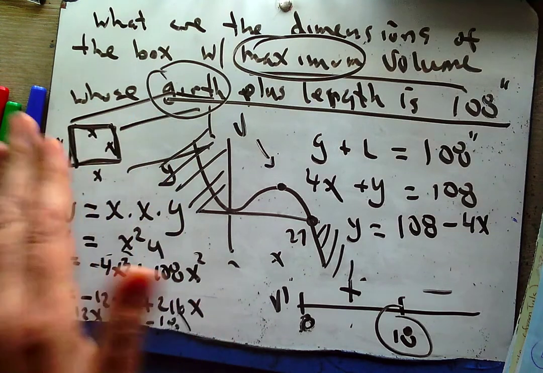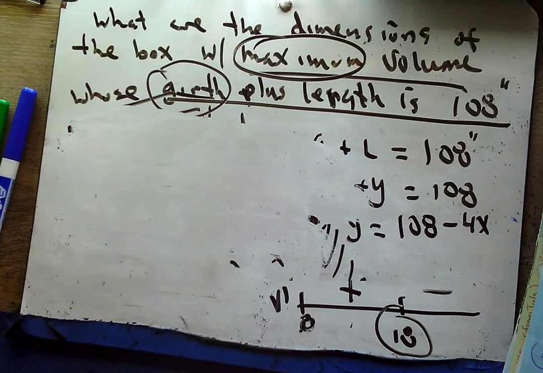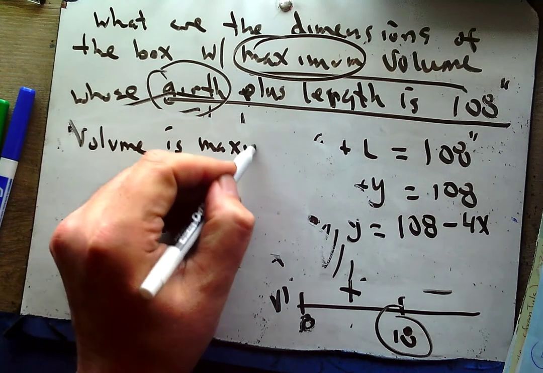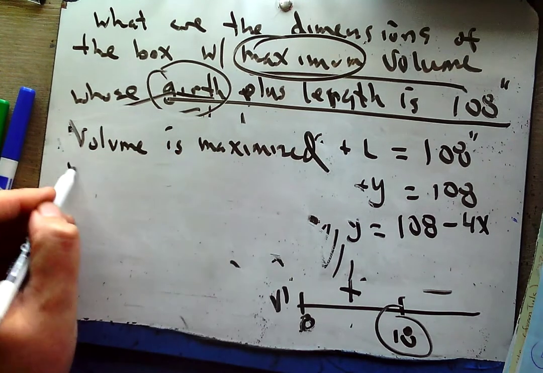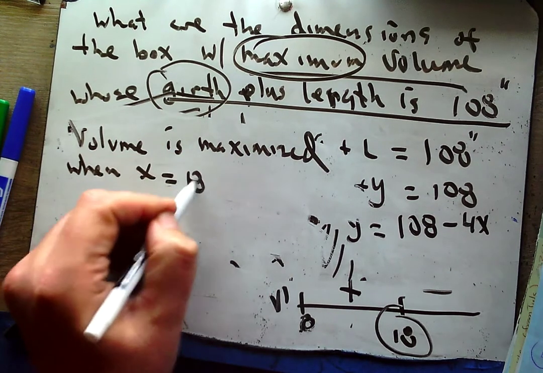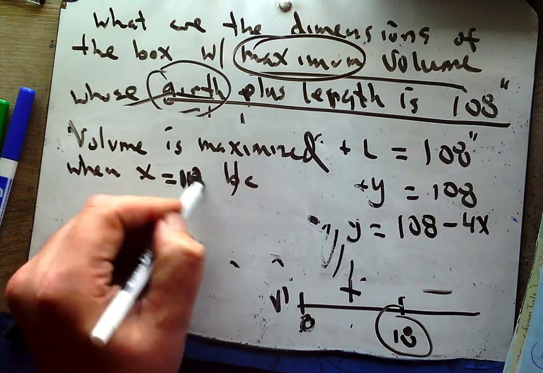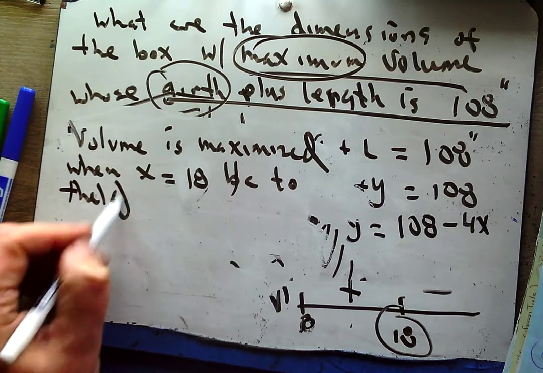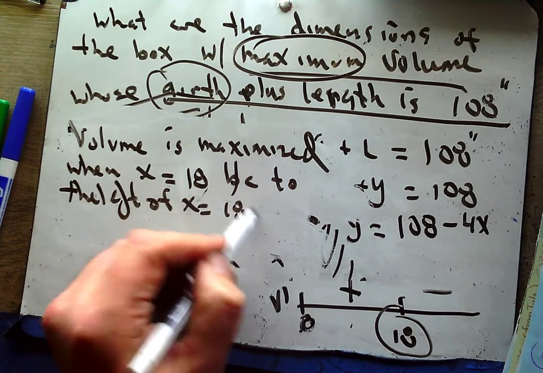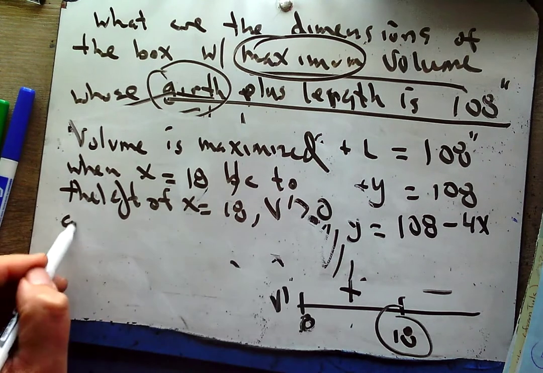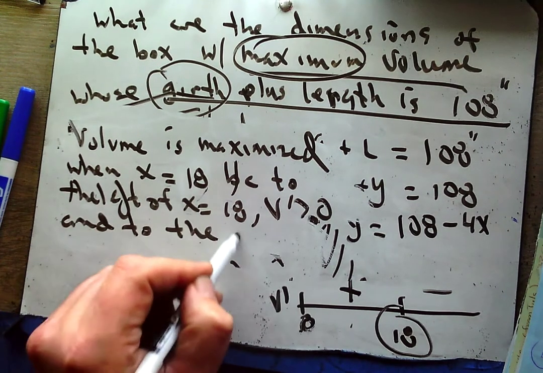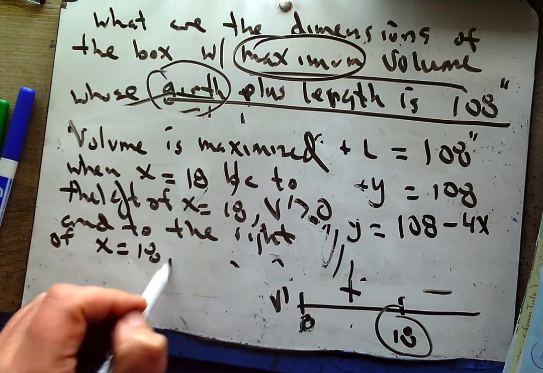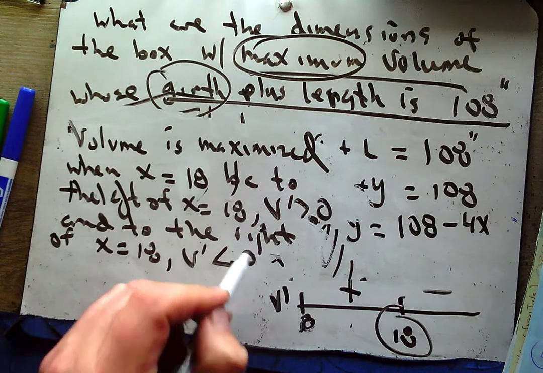And so then I do the easy calculus part. I say volume is maximized when x equals 18 because to the left of x equals 18, v prime is greater than 0, and to the right of x equals 18, v prime is less than 0.